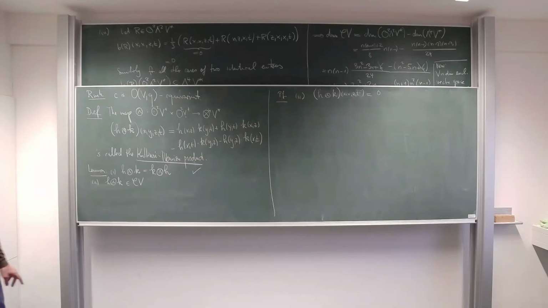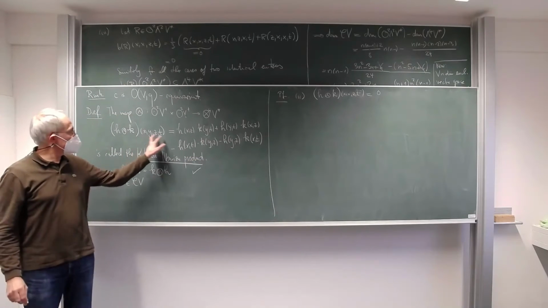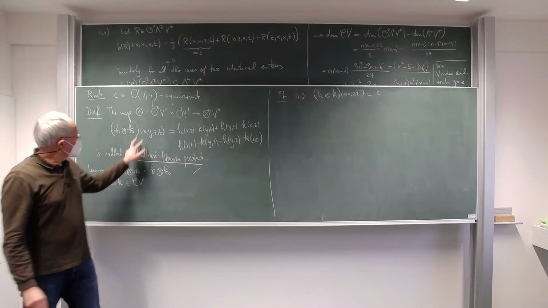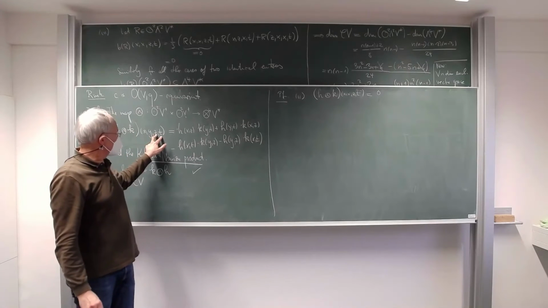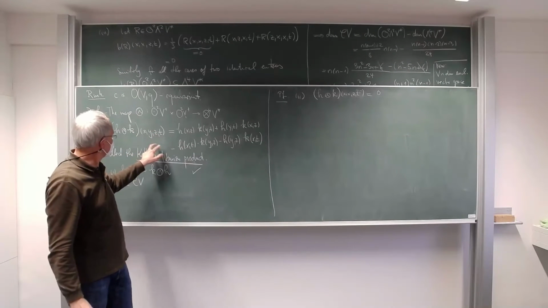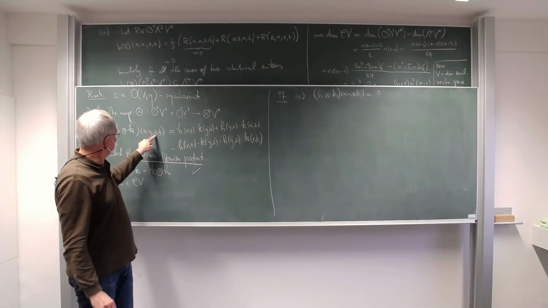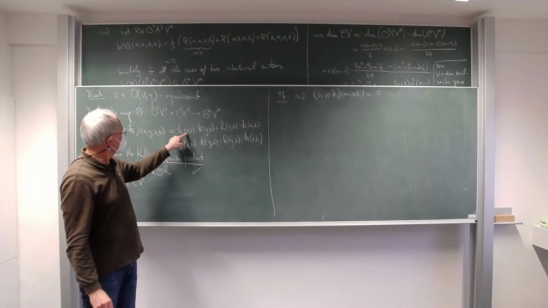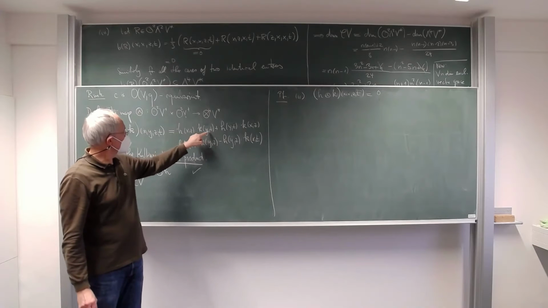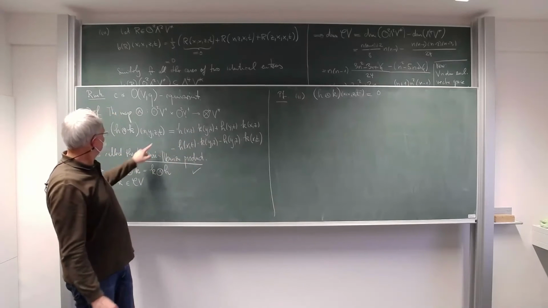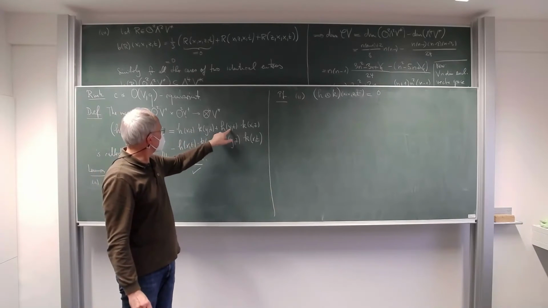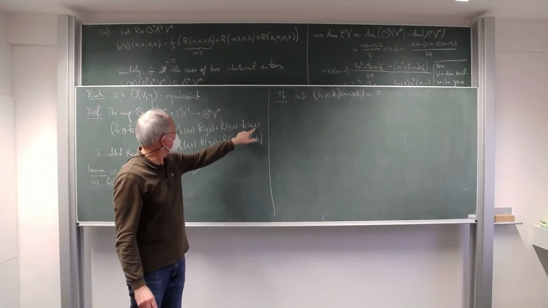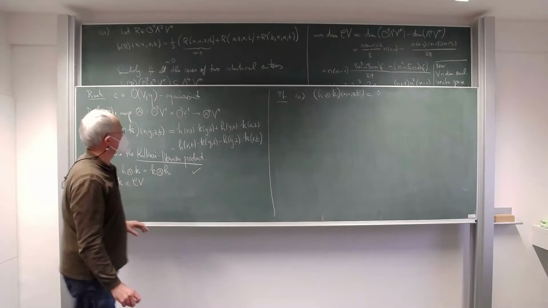What else? We have to check what happens if I interchange the pairs. What happens if I interchange the pairs? xy gets replaced by zt and vice versa. Well, x and z get interchanged and y and t get interchanged. So if x and z get interchanged, here nothing happens, here nothing happens. Similarly, here nothing happens. So the first two terms remain unchanged.